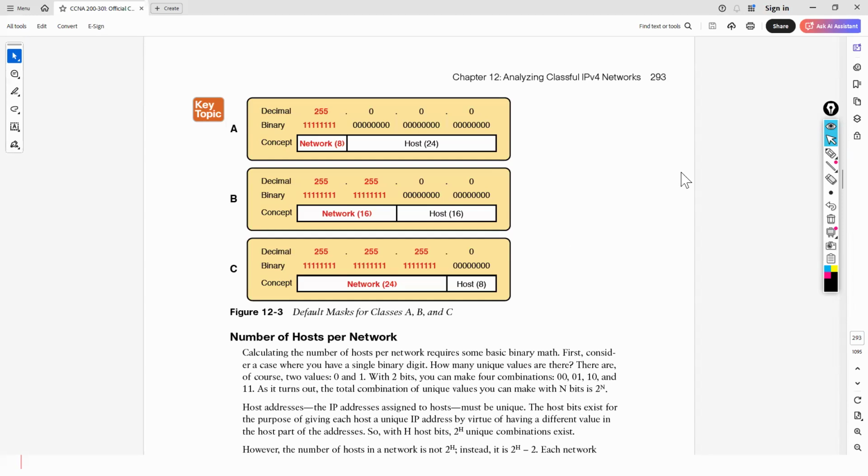Now, one more thing we have to understand about your address masks. As I said, any networking device, it can be a computer, your laptop, your smart TV, your smartphone, an IP printer that is connected to the internet or to the LAN, a server, or a data center or anything, if it wants to understand the network part and the host part, there are some criteria for it also.